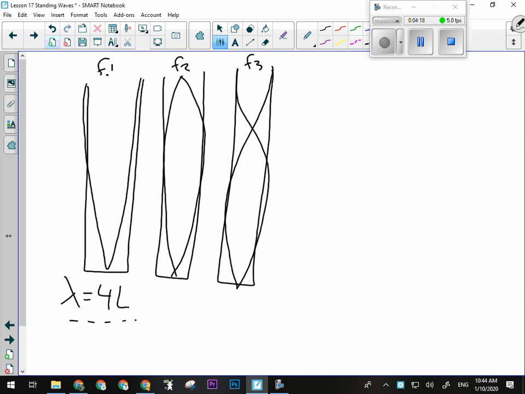I go up by 1/4 of a wavelength every time, and nodes and antinodes are separated by 1/4 wavelength. So in a closed air column, only odd numbered frequencies, or every other frequency, will actually produce a sound. So that's what we have to remember about the closed air columns.